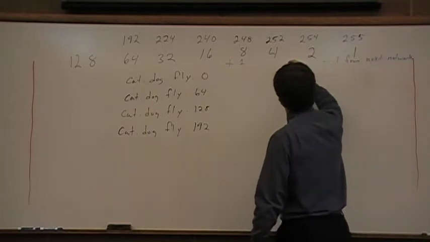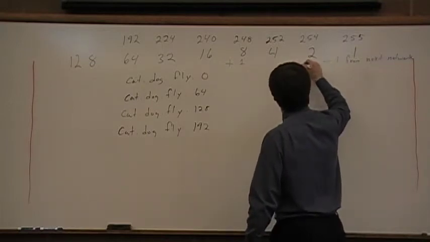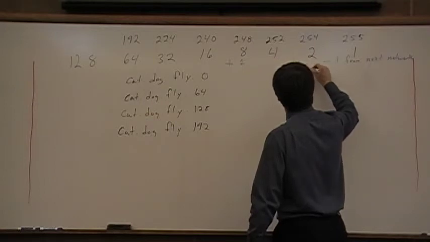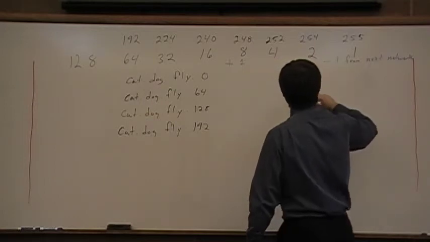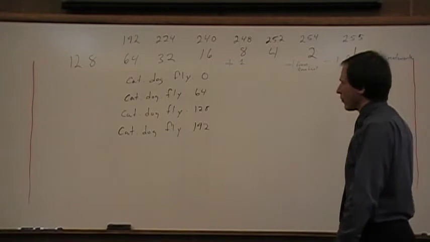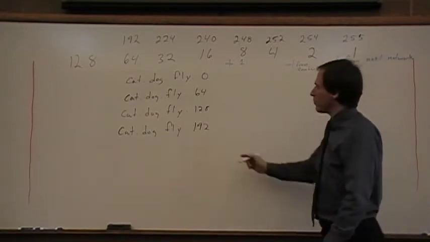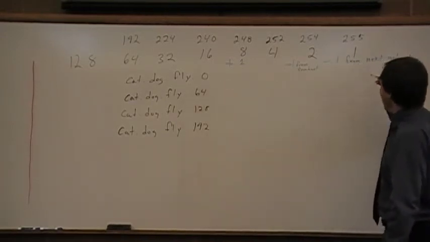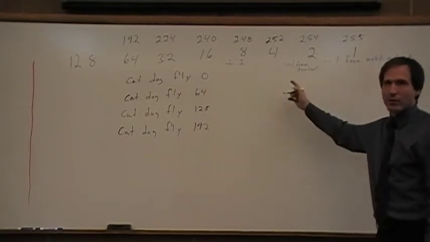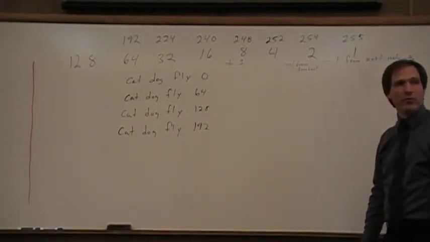Then you subtract 1 from your broadcast to get your last usable IP address. So it becomes +1, -1, and then -1, right? And that gives you your network range.